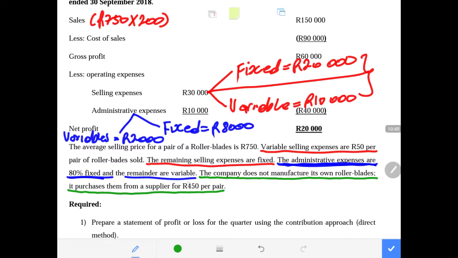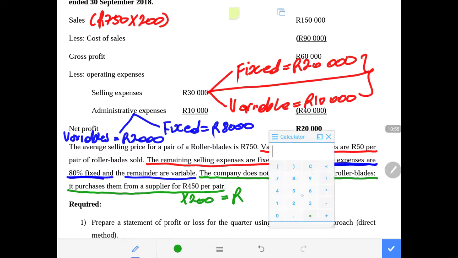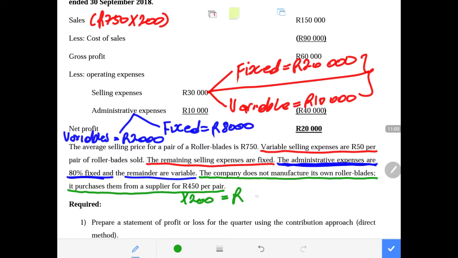If we buy each unit for 450, then how many units were bought? We already know that we bought a total of 200 units, meaning when you multiply this by 200, 450 times 200 gives us purchases of 90,000 rands. You can say those purchases remain the same at 90,000 rands because we bought those units and we sold those units.